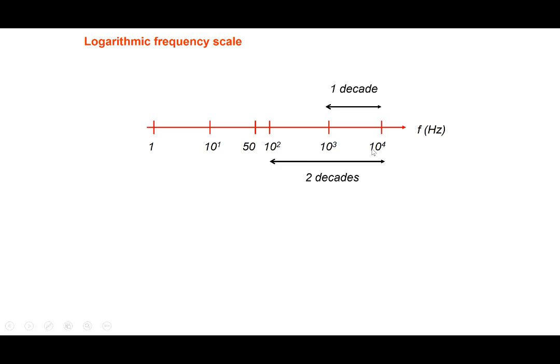So we are saying 1 decade and another decade, 2 decades. Similarly, the number of decades is log of f2 by f1, okay?